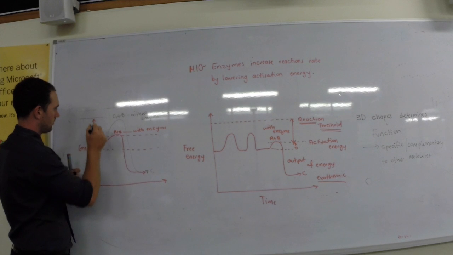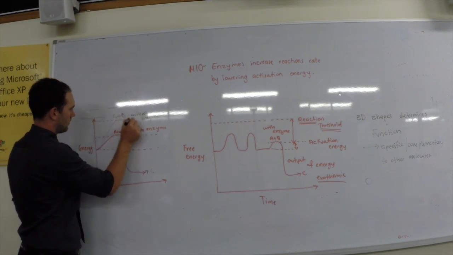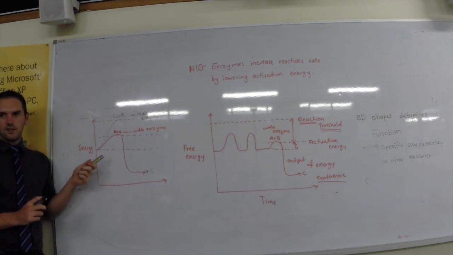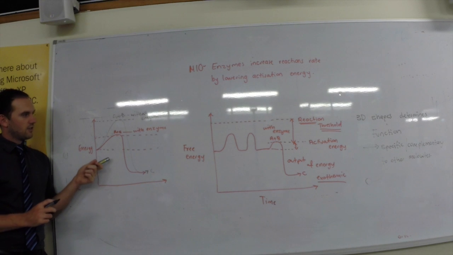What's the first dashed line? That's the initial energy of the molecules. Unfortunately the black text is not great, but can everyone see the difference there?